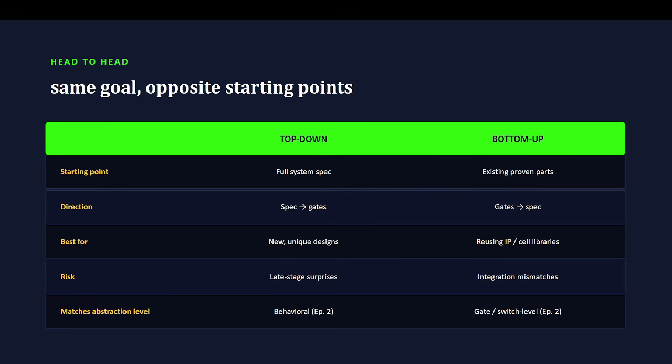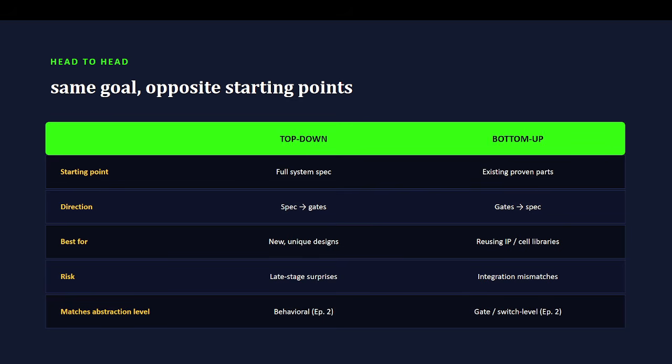Risk: top down risks late-stage surprises when low-level reality does not match early assumptions. Bottom up risks integration mismatches when individually good pieces don't combine cleanly.